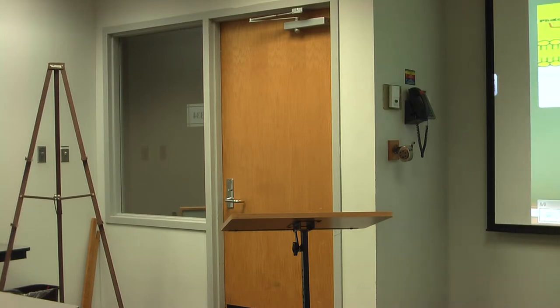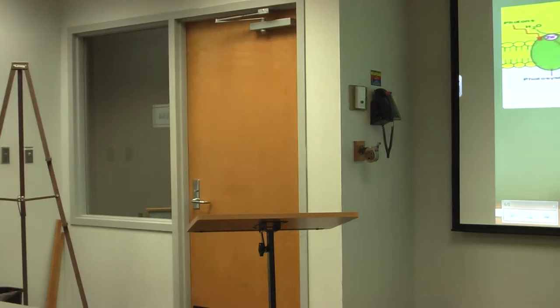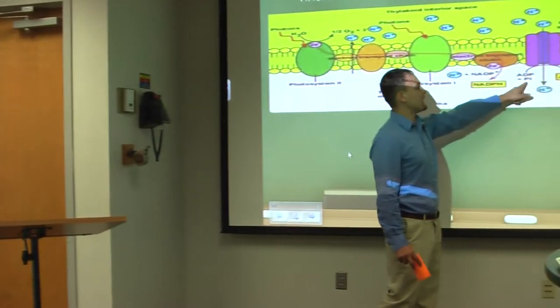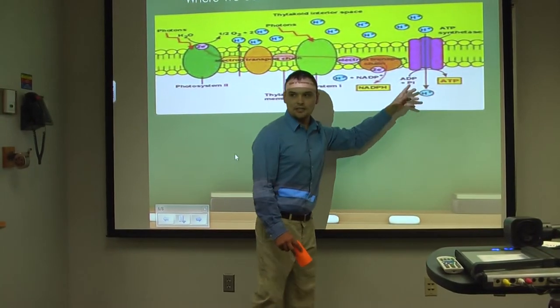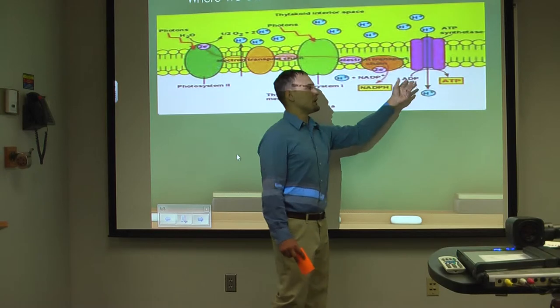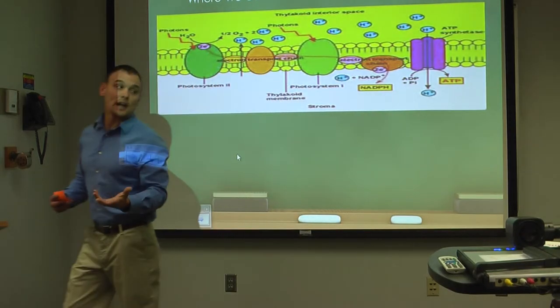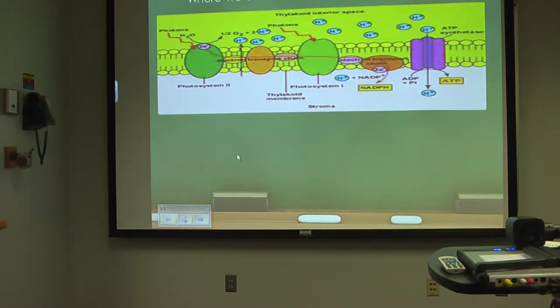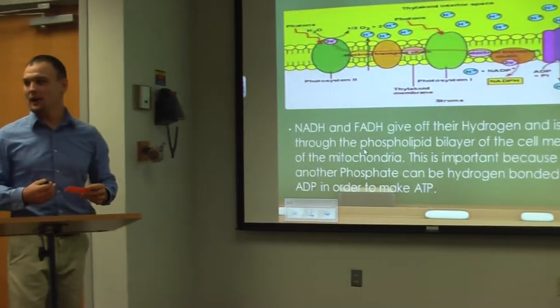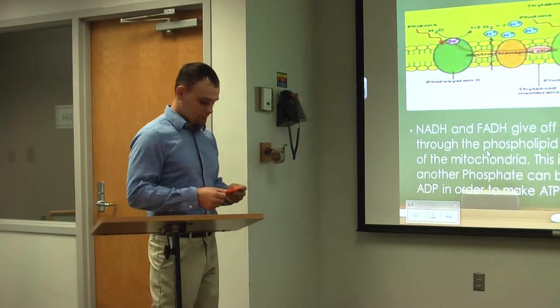And you're going to come over here to your ATP synthase, and all these hydrogens are going to get forced down this ATP synthase, and you have adenosine diphosphate and then phosphate here. Where it's hydrogen, it's going to make a bond and connect those two together to make adenosine triphosphate, which is ATP, your body's form of energy.